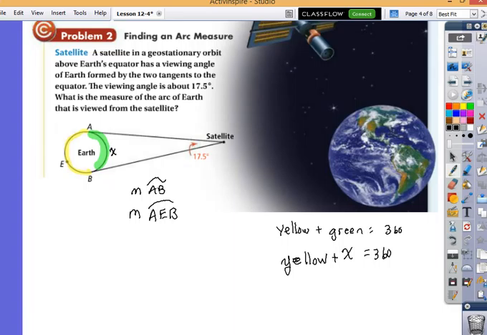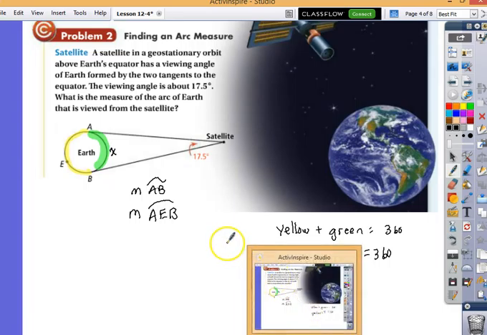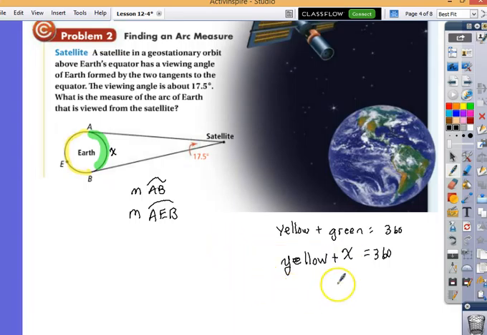What would I do to get yellow by itself? Subtract x. So couldn't I say that the yellow arc is equal to 360 minus x? If I'm going to say the green arc is equal to x, then the yellow is 360 minus x.